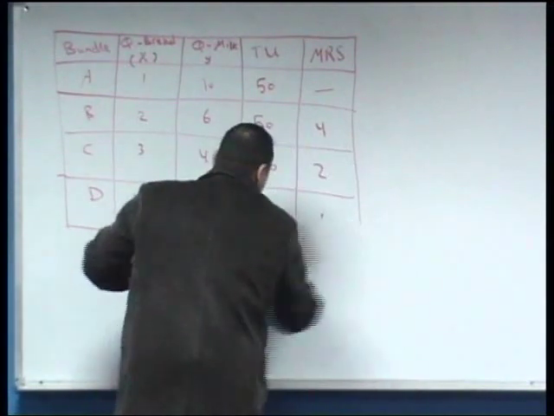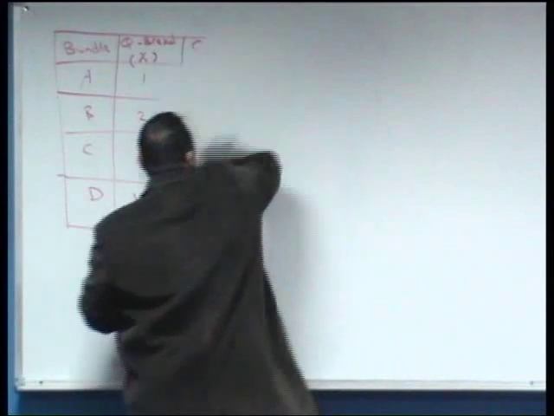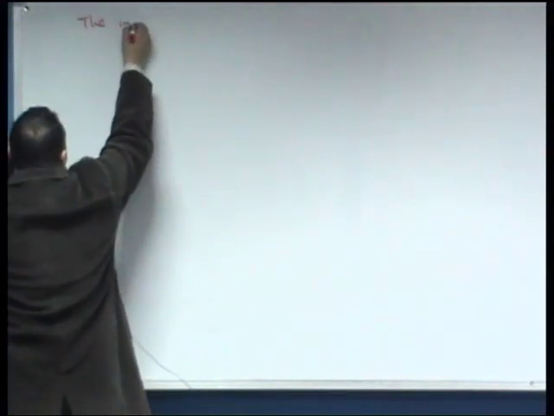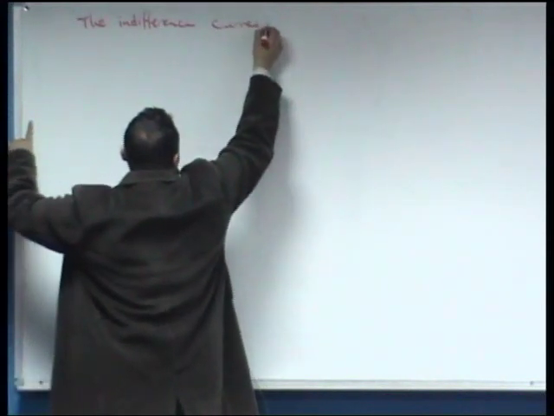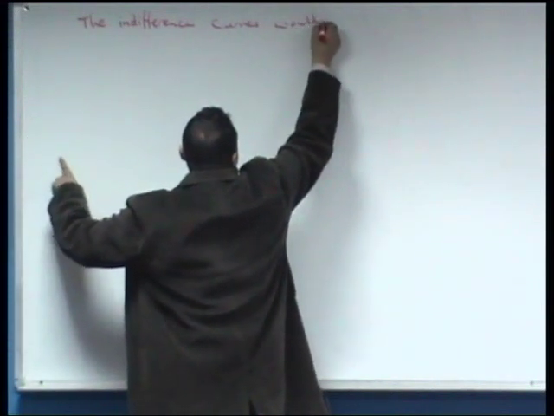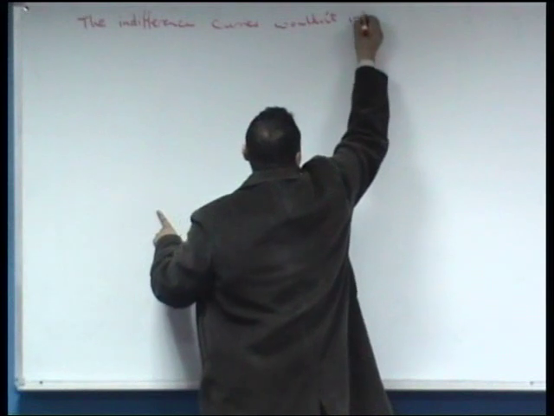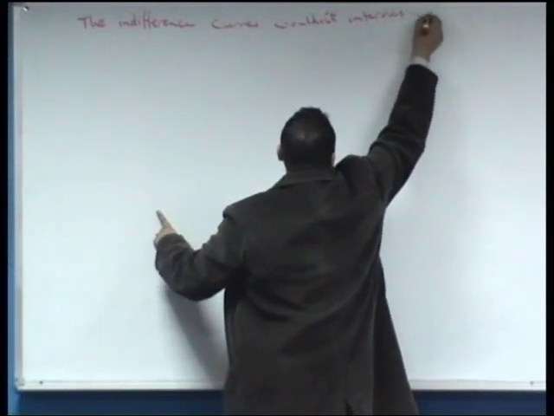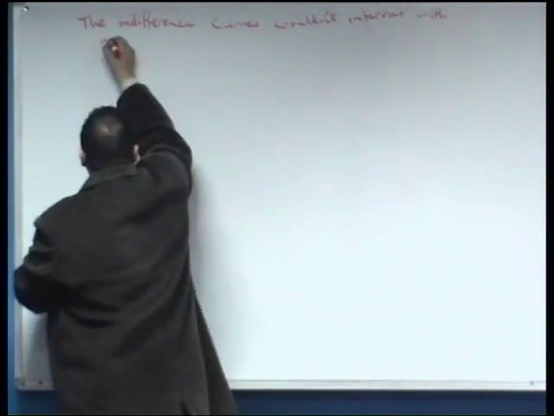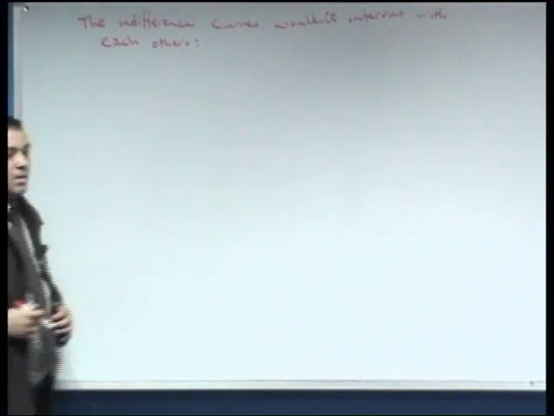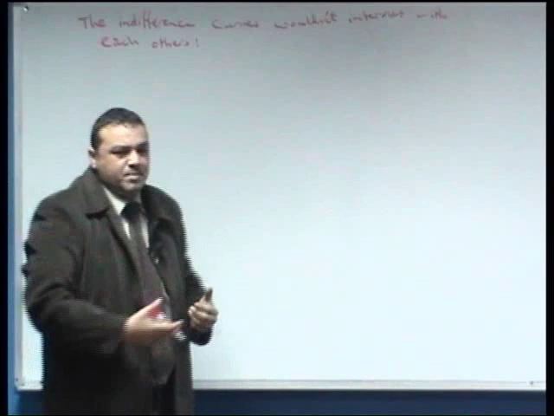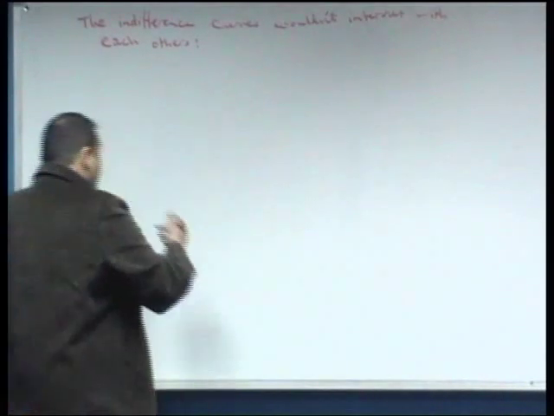The indifference curves would not interact with each other. Let us suppose that there is an intersection between the two indifference curves.